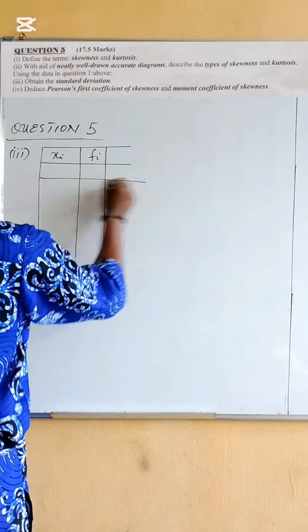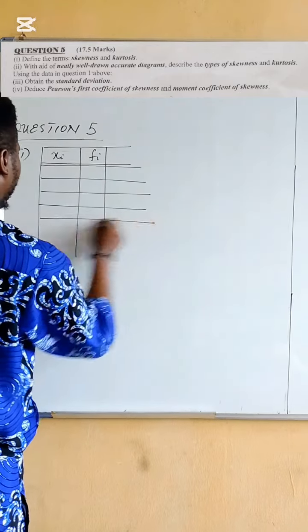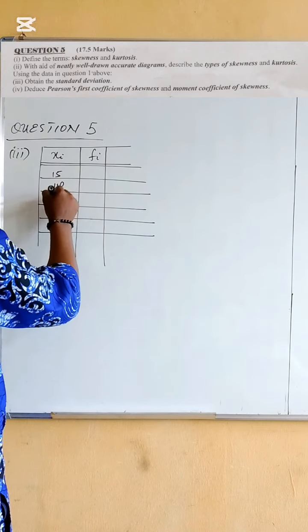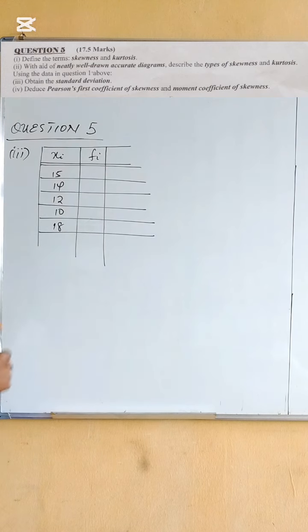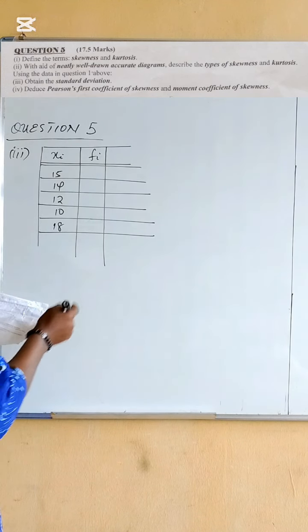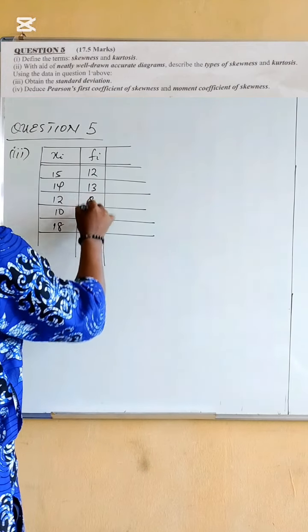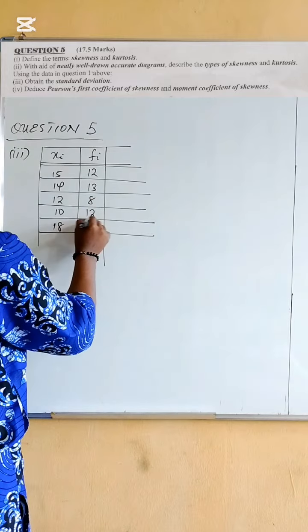So I'm going to bring out that data here. 1, 2, 3, 4, 5. So I'm going to call this 15 as we have it, 14, 12, 10, and 18. Please go back to the data in question 2 to see the data I'm using. So we have 12 here, 13, 8, 12, and of course 5.